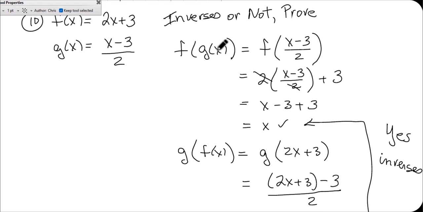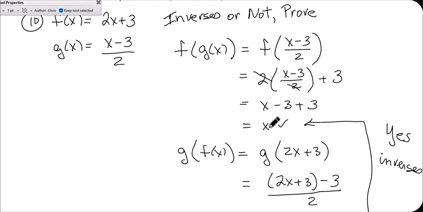All right, f of g, I go find g. Here's g, and just write it inside. All of this stuff goes into f. Here's f. So 2 times all that stuff. The 2's cancel, and so I get x minus 3 plus 3. And yes, I do get x back.